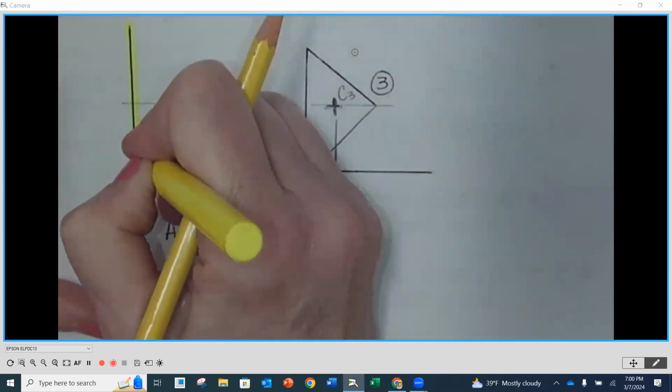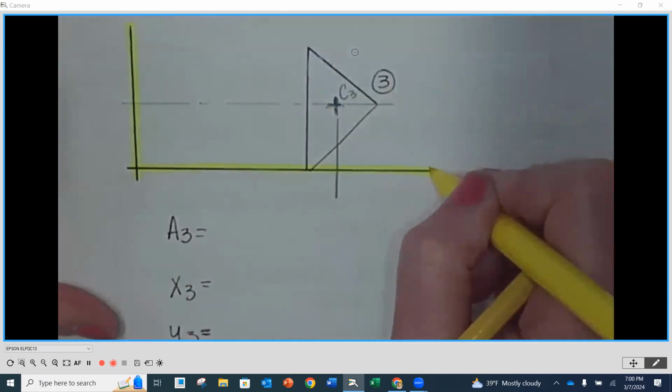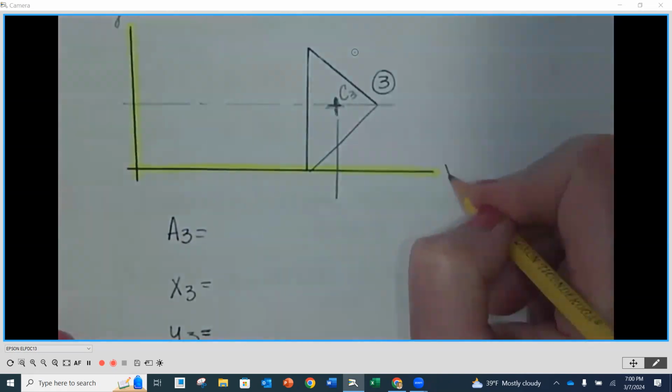Remember, we want our distances to come from the reference axis. This is Y, this is X.